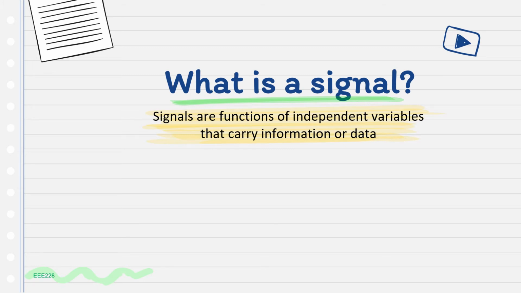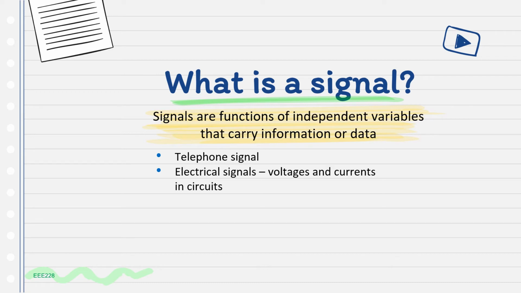Signals are something which carry data or information. Some examples: we have telephone signals, we have electric signals. Electric signals, for example, voltages and currents in circuits. And then we have acoustic signals, for example, audio or speech signals.